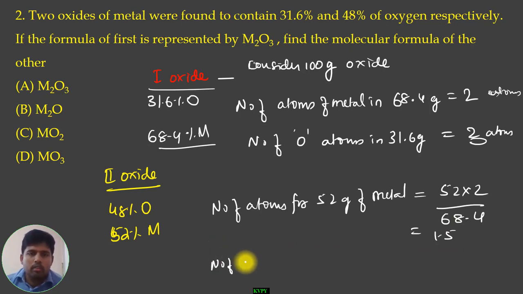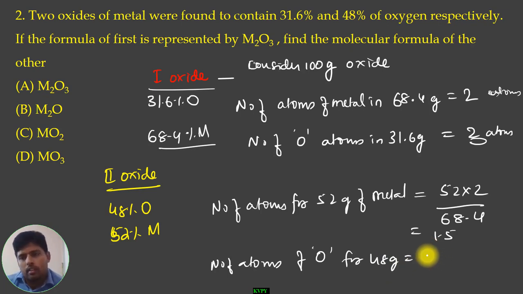Similarly, the number of atoms of oxygen for 48 gram will be 3 atoms for 31.6, into 48.